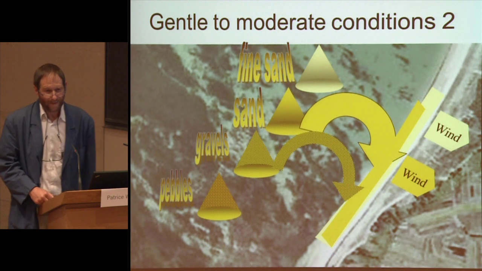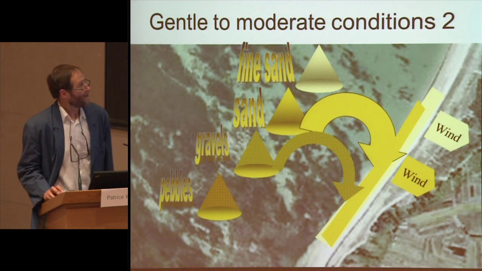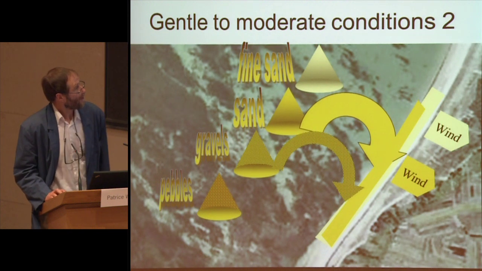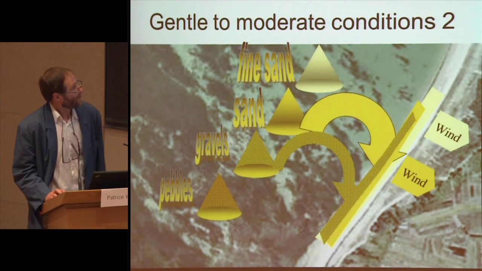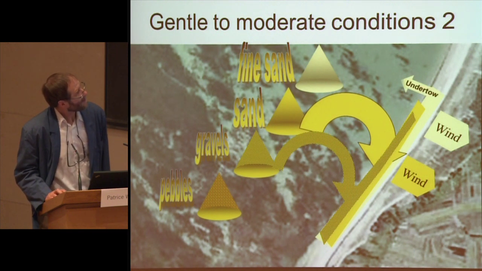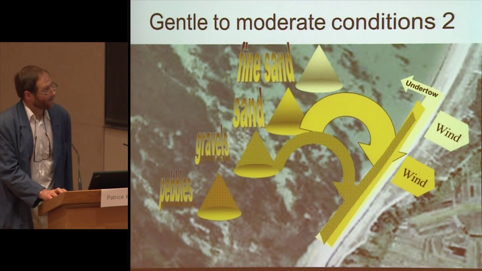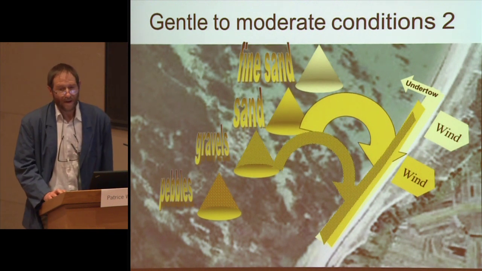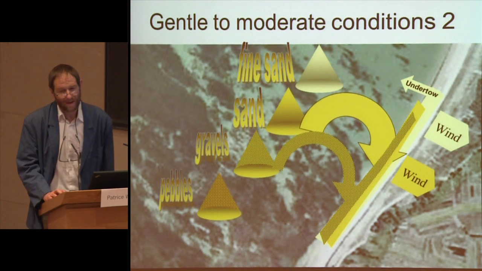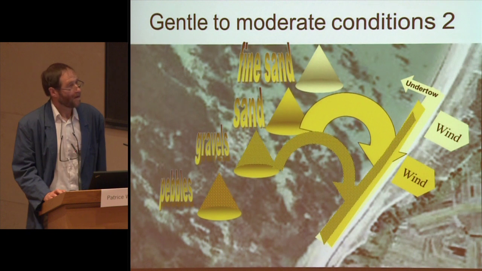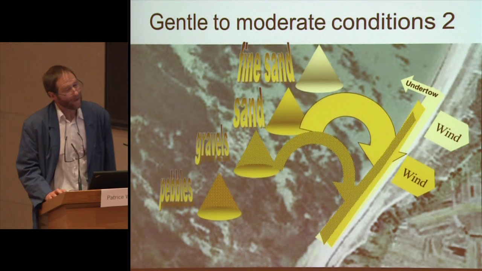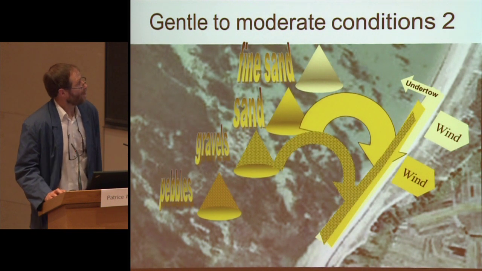Gravels, in turn, are moving to the beach. At this stage, undertow currents can affect the sediments on the beach, and the finer sediments are moving back to the foreshore.